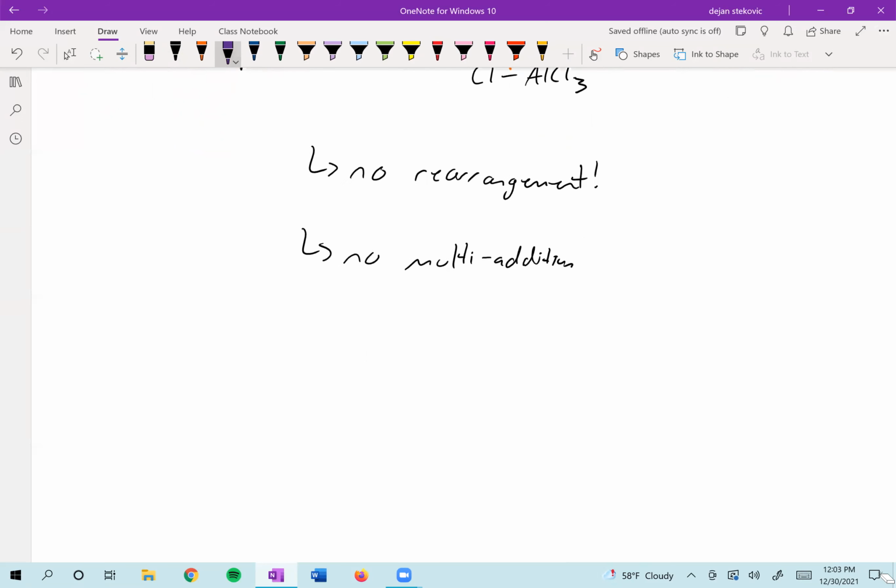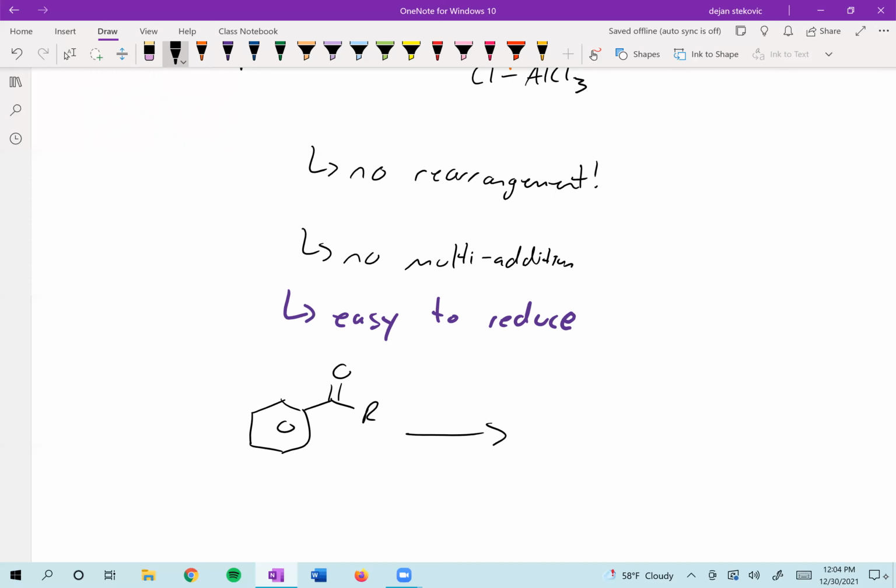And then the other thing combined with that no rearrangement is that we can easily reduce our acyl group to an alkyl group. So we can take our acyl group, and then in the presence of some zinc mercury alloy and some hydrochloric acid with some heat, we can reduce it down to an alkyl group.